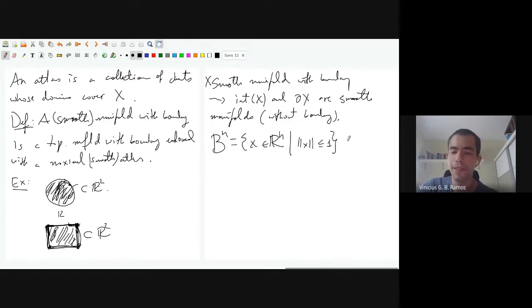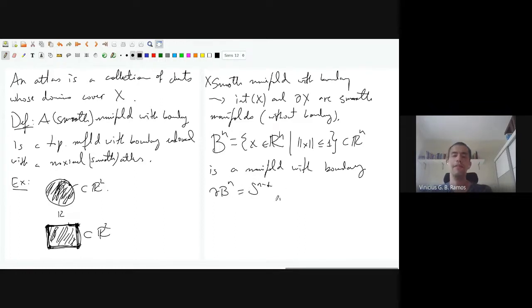If you look at the natural inclusion of that into Rn, this is a manifold with boundary, and the boundary is another very famous manifold, which is the sphere of dimension n-1. Okay?